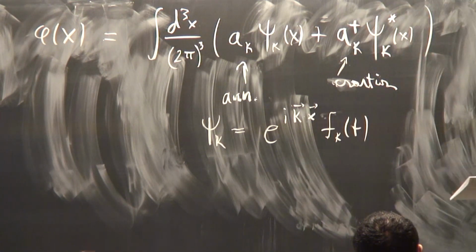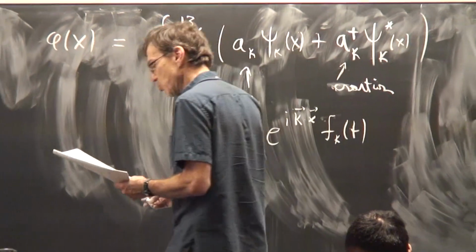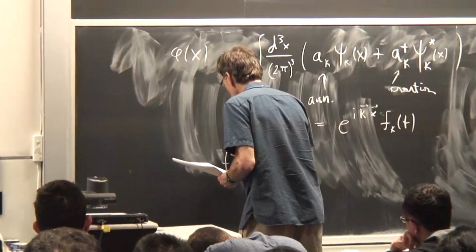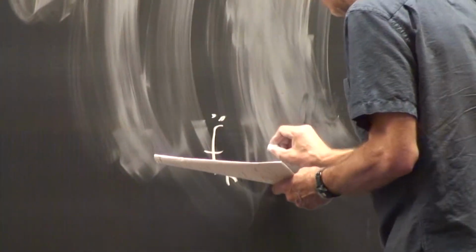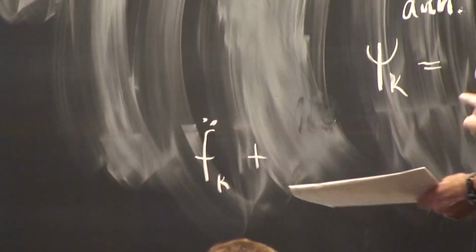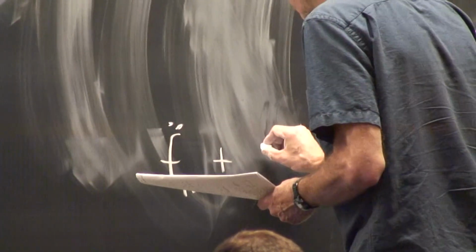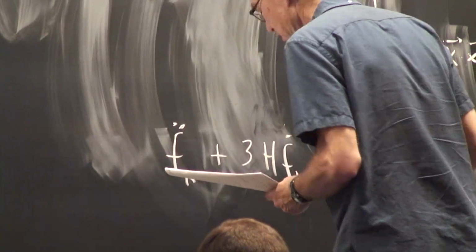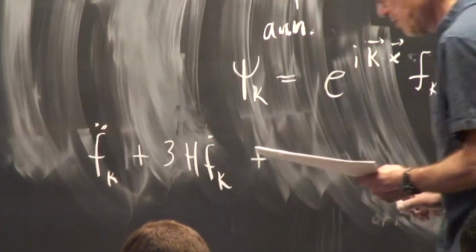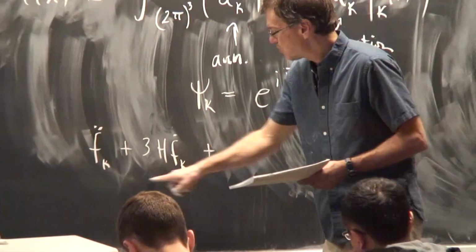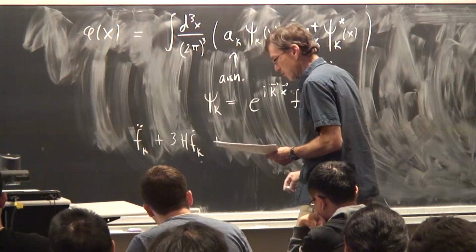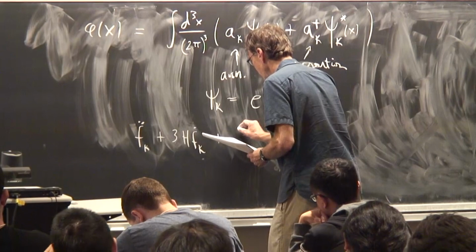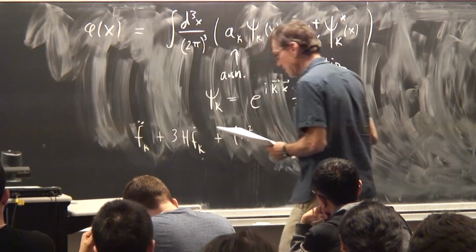This is also another exercise on my problem set, to work out the equation of motion. But I did most of it for you. The only thing that wasn't there was the part due to the gradient term in the Klein-Gordon equation. If you plug into the Klein-Gordon equation, these two terms you recognize. This is just the Hubble damping term. And then we get the term from the potential.